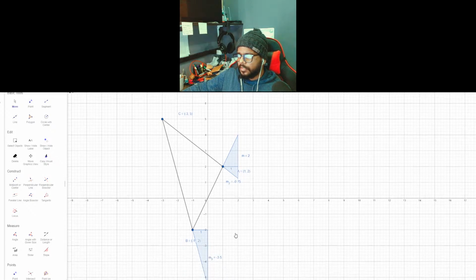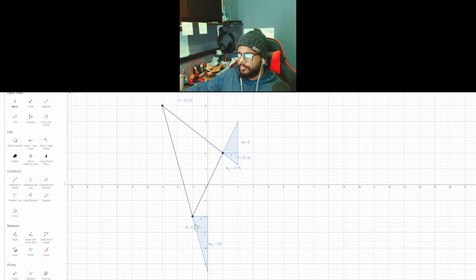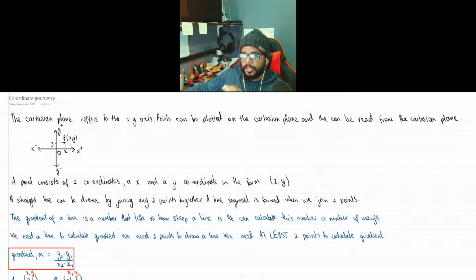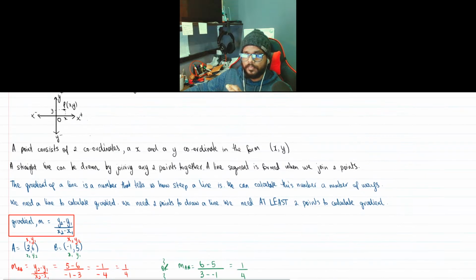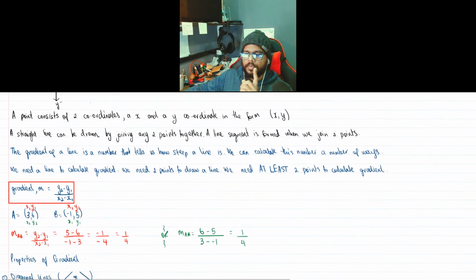And finally, the gradient of BC is negative 3.5. So go ahead, do your working for this. You can pause the video, you can go back and see what the formula for the gradient is and how to use it. In the next class, we will discuss the properties of gradients.